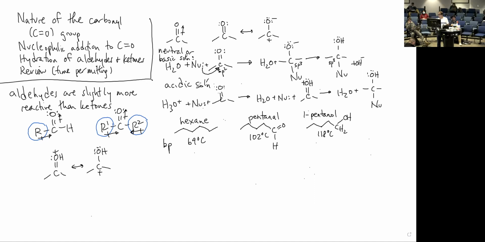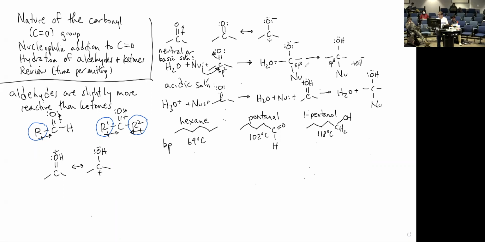Remember, arrows always start where the electron pair starts and end where the electron pair ends. And then you would show the carbon-oxygen pi bond breaking. You could draw this arrow on either side, of course. They're equivalent ways of showing the same thing. And so you can see that we've gone from 2 lone pairs to 3 lone pairs around that oxygen with a minus charge. So that's how you would show that.